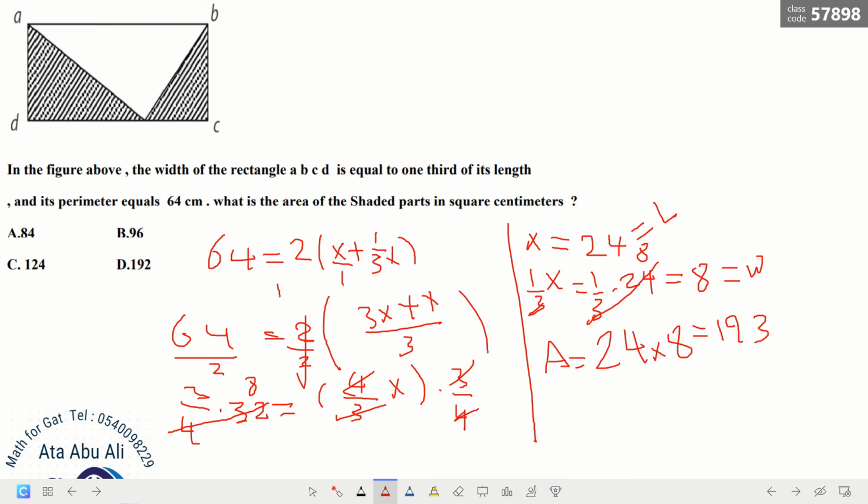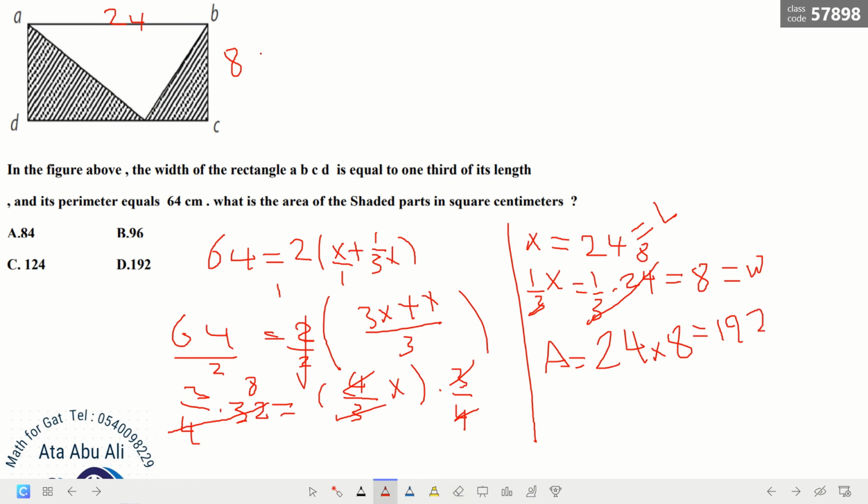Okay, if I have this here, this is 8. And here the triangle is what? If I want to find the right triangle, the white triangle, this is 24. I can do it an easy way: I find the white, then I subtract it from the total, and I can find the shaded.